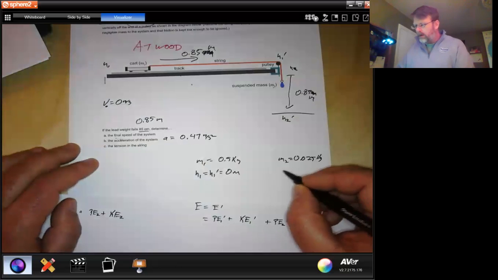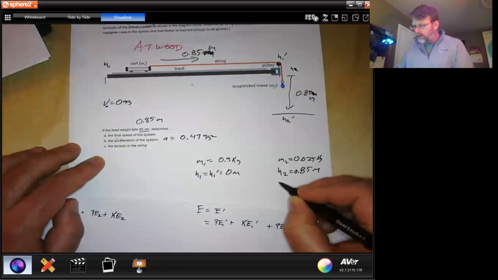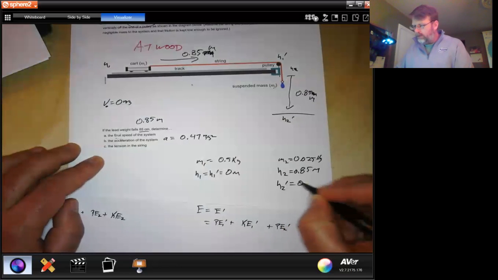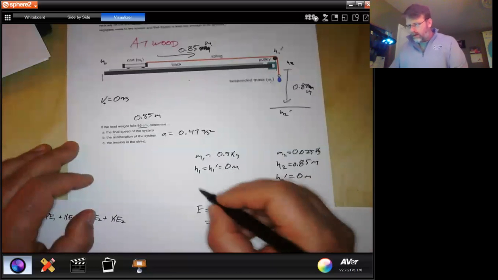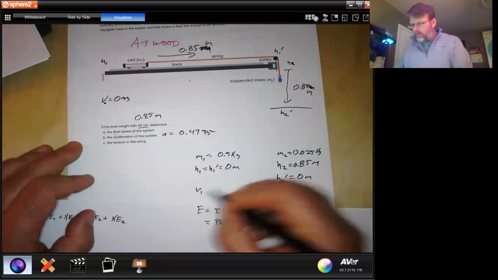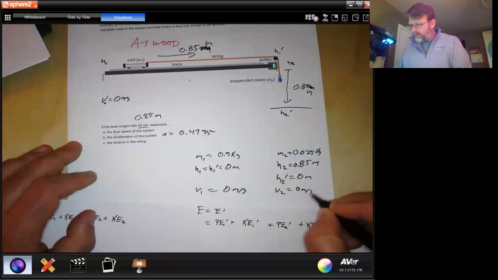Okay, and then H2 goes from 0.85 meters down to 0 meters. And then V1, V2 initial starts at 0.